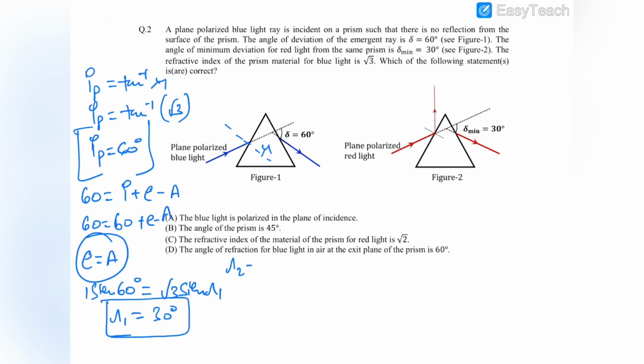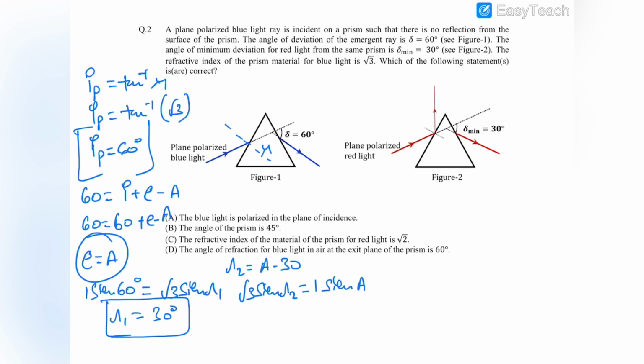And r2 would be A minus 30. Therefore we can apply Snell's law on the second surface. So it would be root 3 sine r2, and that would be equal to 1 sine e, and e is equal to A.